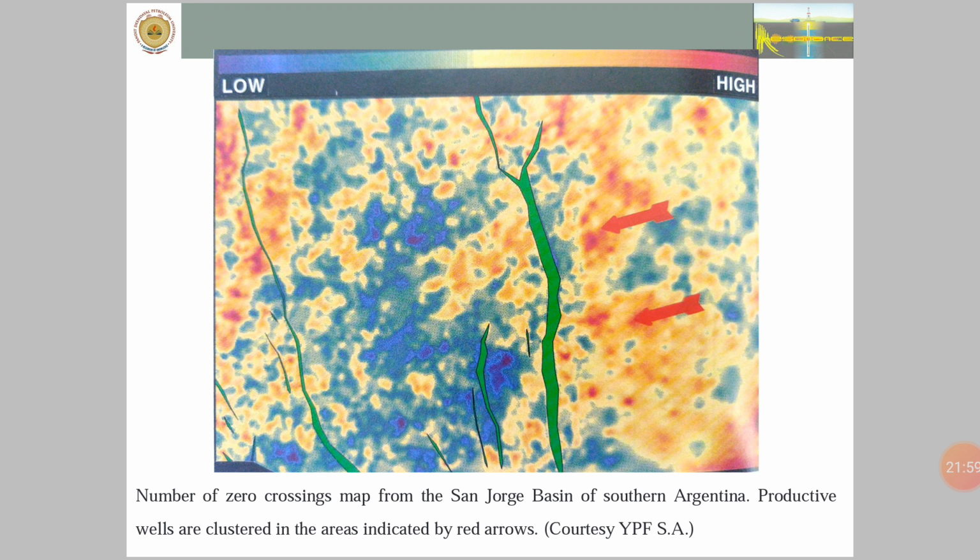Attributes do not mean that there is a 100% chance of hydrocarbon presence, so they have to be used with caution. Some exploratory wells need to be drilled first in order to validate the attribute aspect.